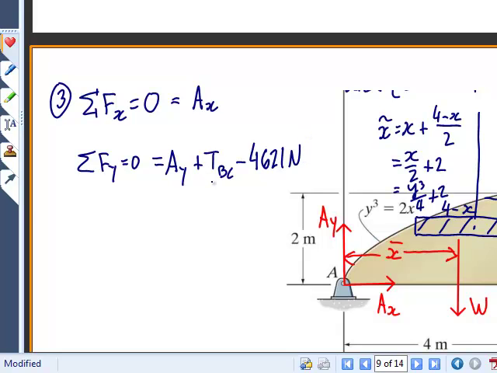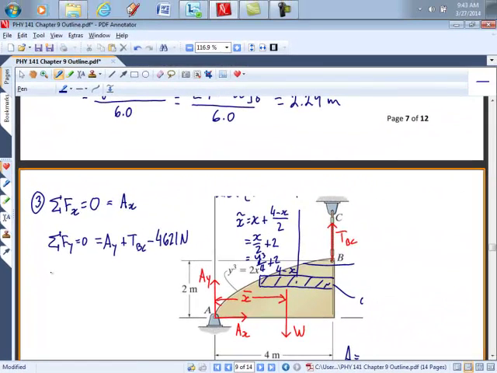Okay, 2 unknowns, can't solve it. So what do we need for our third equation? Well, we could do moments about any point, but A would be a good choice. And which forces are going to produce a moment about A? Right, so TB is our positive moment. It's a perpendicular distance of 4 meters away.